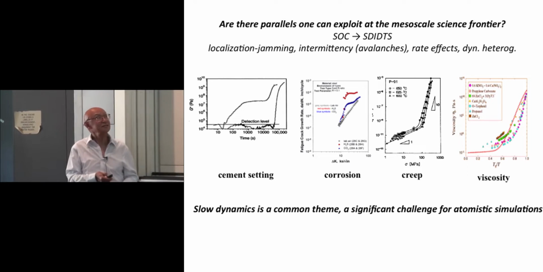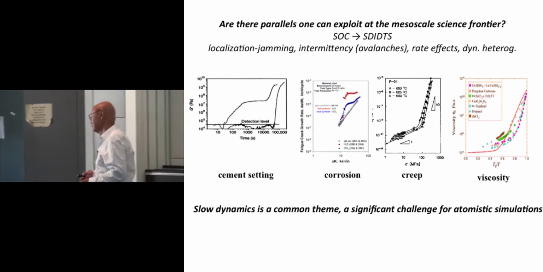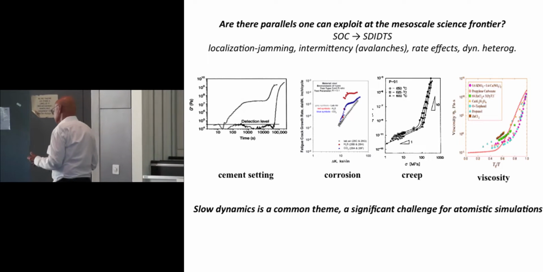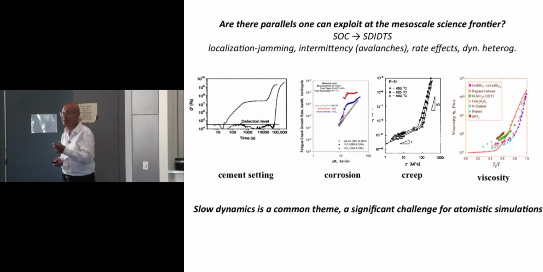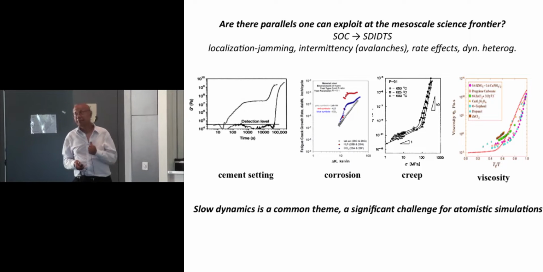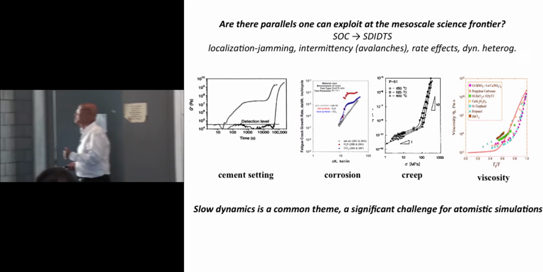This SDIDTS is a term coined by Jensen, who wrote a book on self-organized criticality some years after Per Bak wrote his book. That stands for slowly driven, interaction-dominated threshold system.